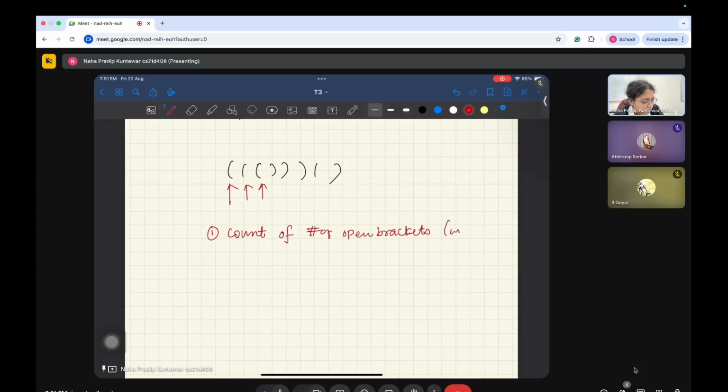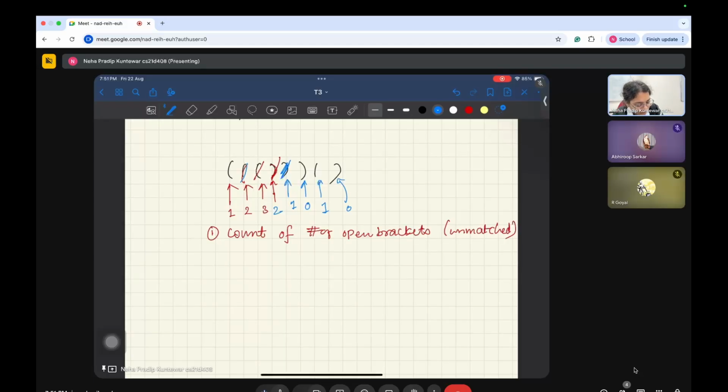At this point the counter is 1, at this point you see one more open bracket, so increment the counter, and again one more, so increment. But when you see a closed bracket, that means you have resolved one bracket, so you decrement the counter. When you see another one, you decrement again, so this becomes 1, these are balanced. Now you see one more closed bracket, so you decrement again. This 0 tells you that at this point everything is balanced. Next, you see an open bracket, so increment the counter, close bracket, decrement the counter. At the end you should see a 0.